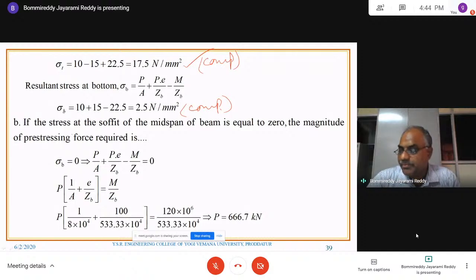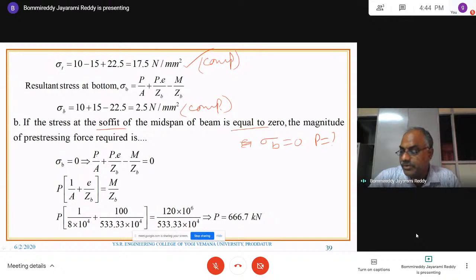Sometimes the question may be: if the stress at the soffit of the midspan, soffit meaning the bottom of the midspan, is equal to 0. What is the condition given here? Sigma bottom equals 0. The magnitude of the pre-stressing force required is, what is the magnitude of P? Eccentricity is the same.